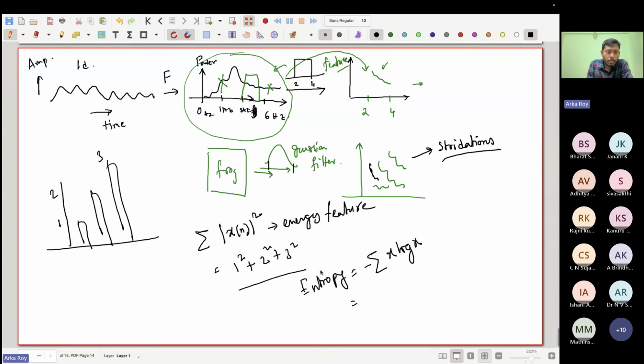So if I write it down mathematically, it would be 1 into log of 1 plus 2 into log 2 plus 3 into log 3. I have taken the values 1, 2, 3 so that I can write it in a simple form. Whatever value you have, you have to put it over here. So these are the equations of the features, and we can use these equations.